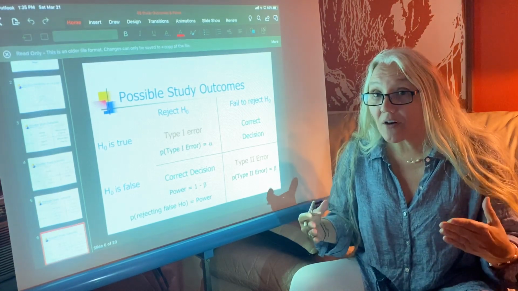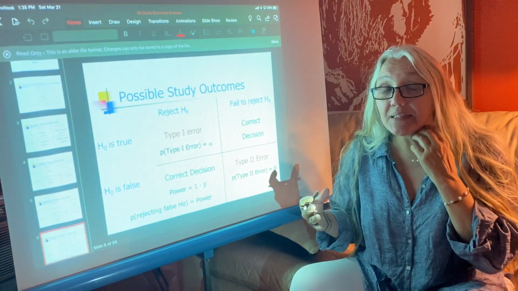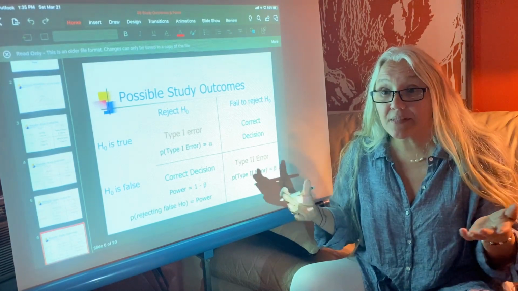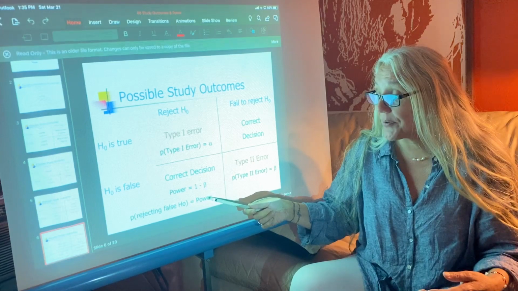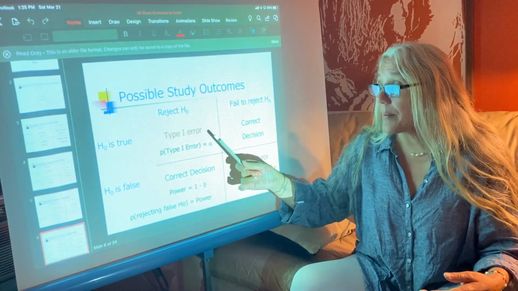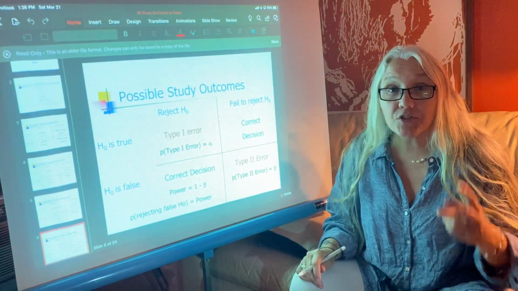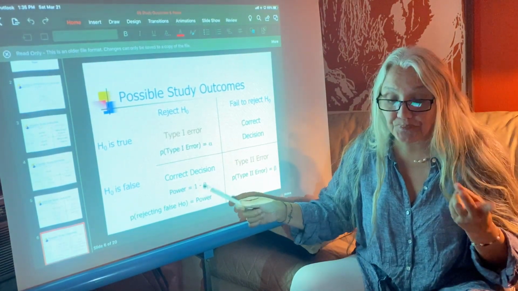So if there are differences between the population means, my ability to detect those differences in my analysis, that's called power. I want a lot of power, which will minimize beta, and I want to minimize type 1 error. So I have two things going on. I want to minimize this and maximize this.